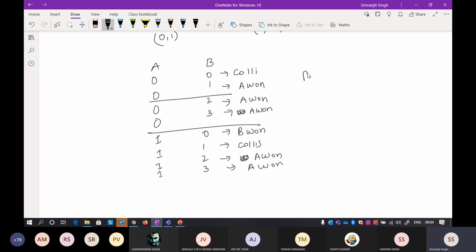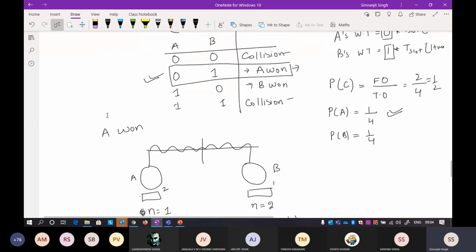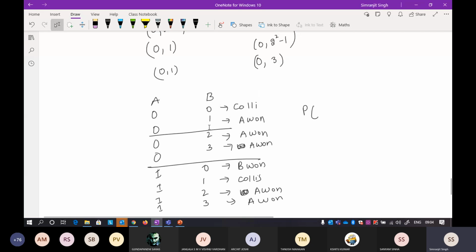Now if you check that probability again, provided that A has won the first collision, the probability I'm counting here is a conditional probability that A has already won. Now the probability of collision: here is a collision, here, this collision, this collision. So 2 times out of 8 times. Total 8 cases, it will be 1 by 4.